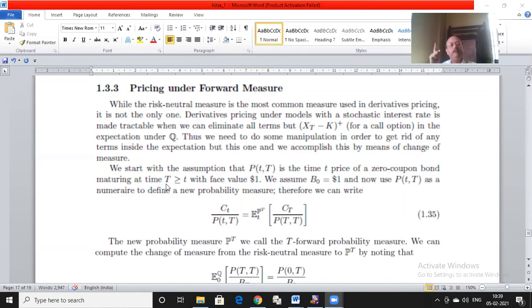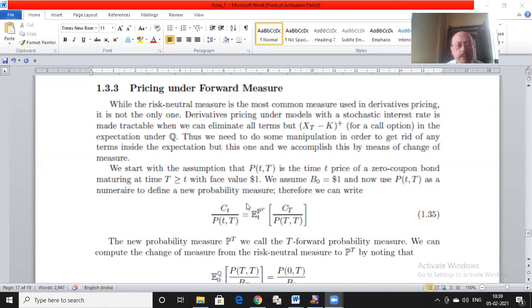So we always have 1 unit face value, and what is the current value of that 1 unit today? That's the question. Typically, we assume that our initial investments are of amount 1, and we use this term structure, this price P(t,T), as a numerator. So this is how we discount values in the future.